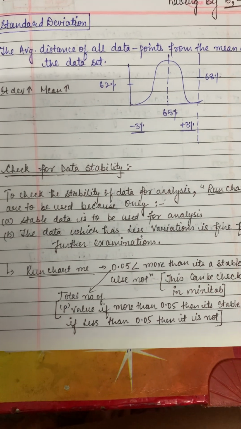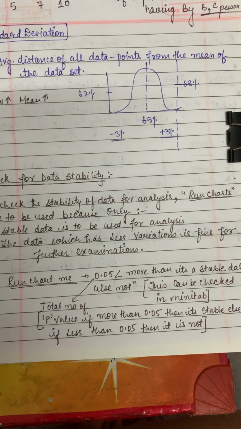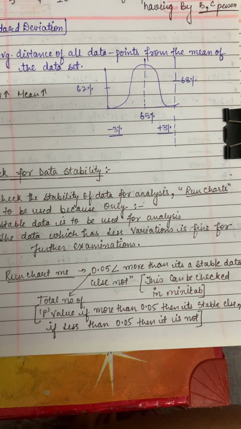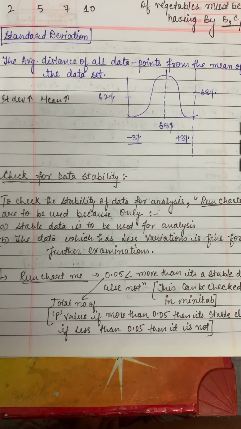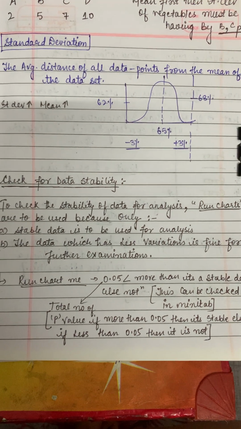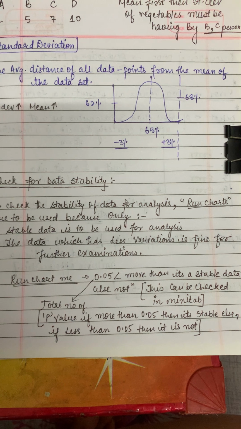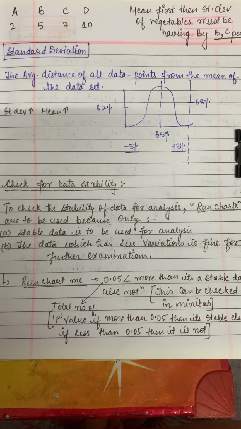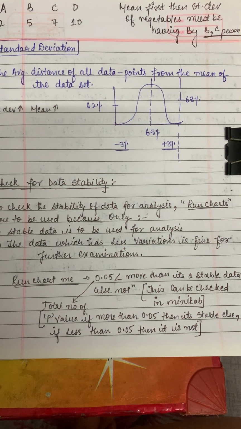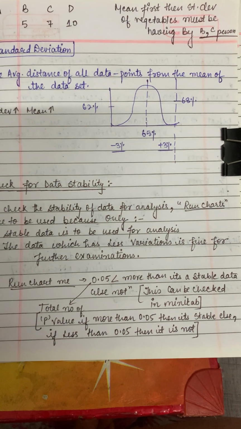Run charts are one we can discuss. Run charts are a concept in a software called Minitab, where we can see the run charts. Stable data is to be used for analysis. The data which has less variation is fine for further examination. If data is stable, it will be taken further for examination.